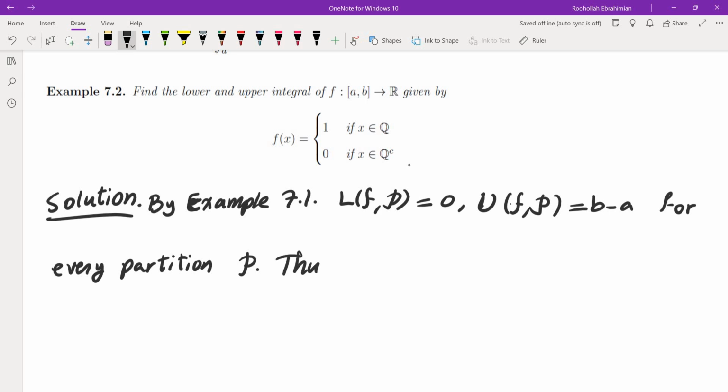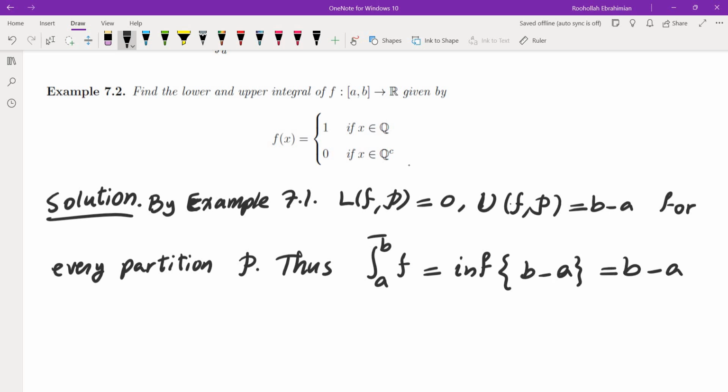So thus the upper integral of f becomes, I will have to take the infimum of all of these upper sums, but there's only one number in there, so that's just b minus a.